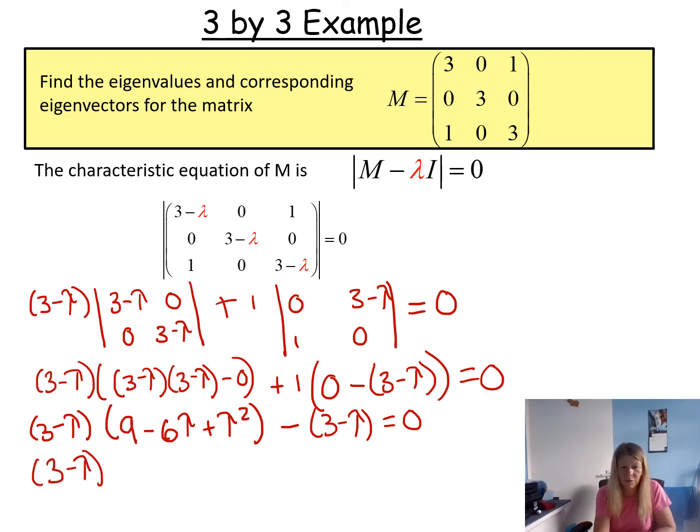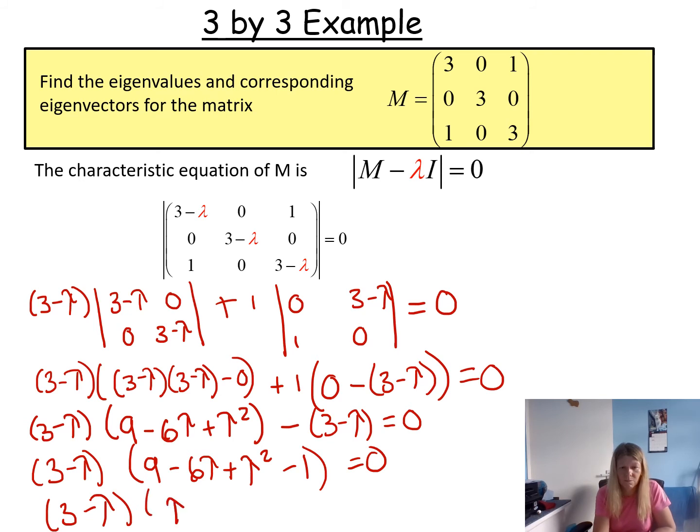What we're left with? Well, we're left with 9 take 6 lambda plus lambda squared and minus 1. And then we've got lambda squared minus 6 lambda plus 8.